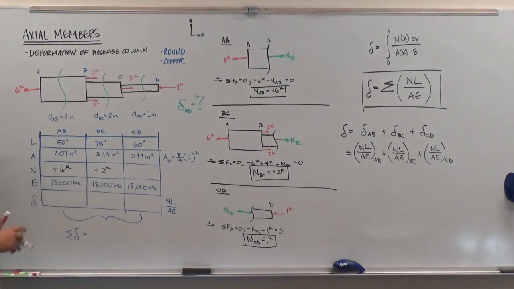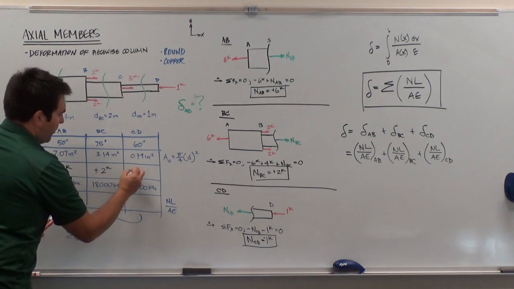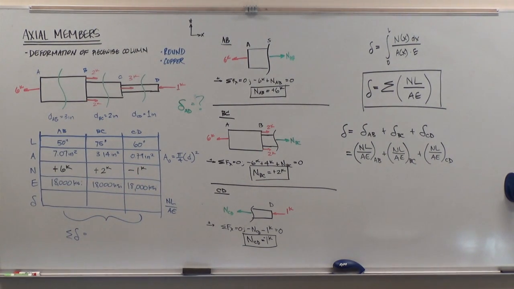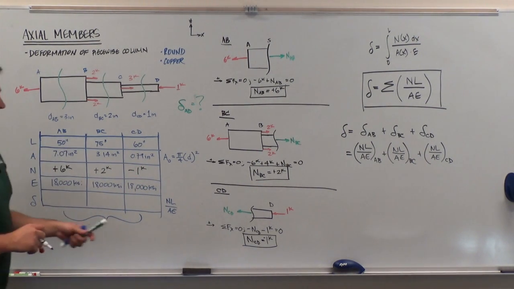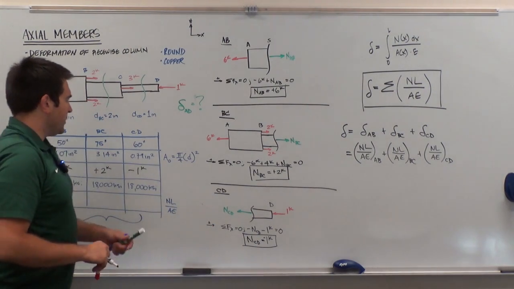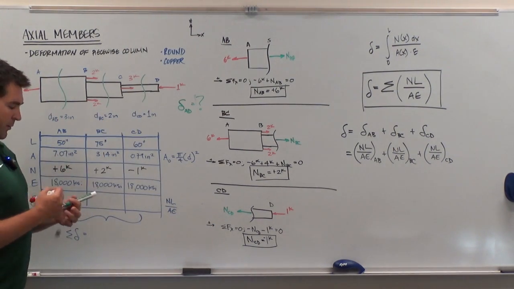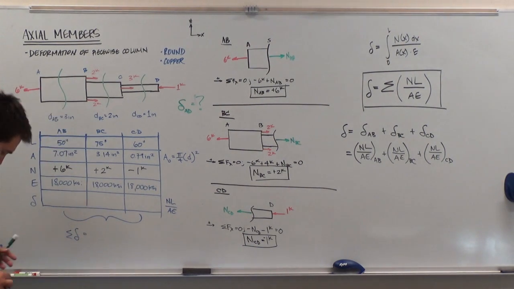Okay, so members AB and BC were positive, they were in tension. Member CD is in compression, is in 1 kip of compression. And we got to that because we followed our sign convention. And you can tell here 1 kip pushing in on the end, it's got to be in compression. So it kind of passes the reasonableness check.